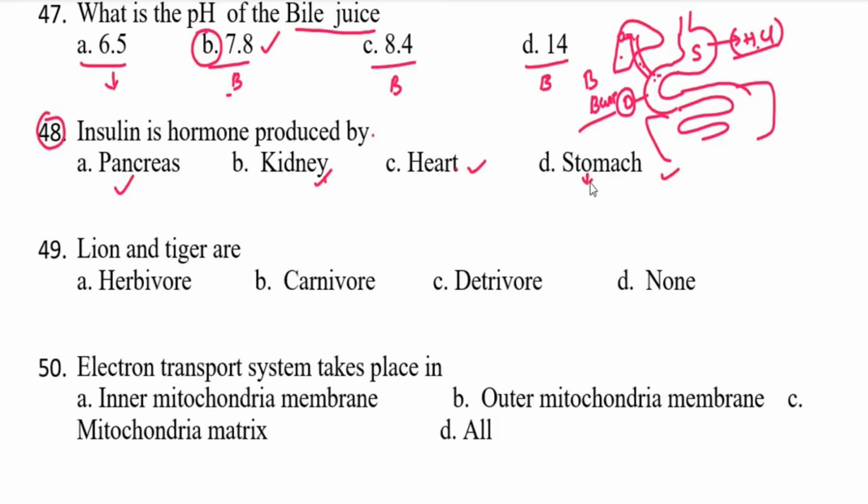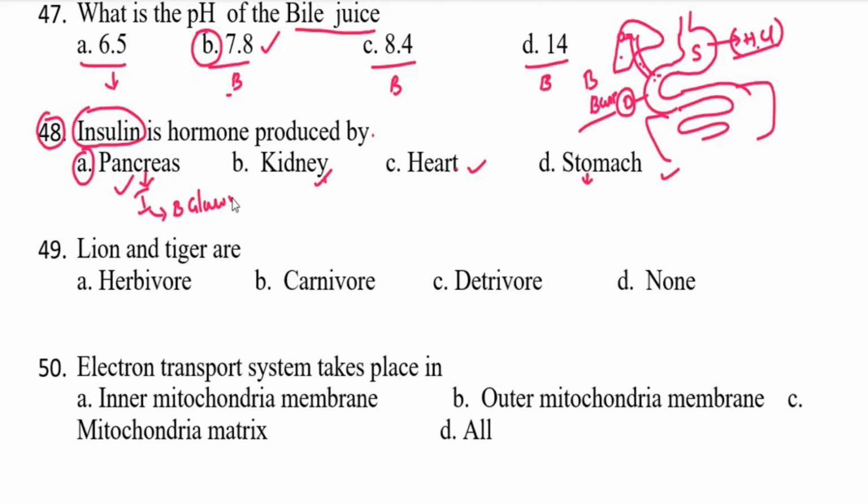Stomach also produces a hormone. Pancreas also produces a hormone. These all produce hormones, but the insulin hormone is produced exclusively by the pancreas, and it reduces the blood glucose level.